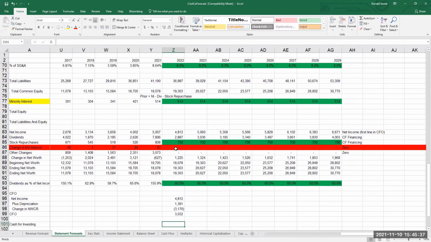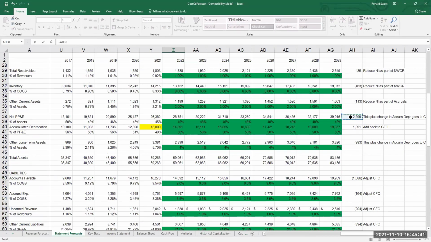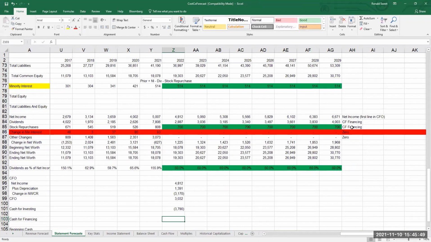Cash for investing, we'll do minus that, minus that. It looks like we did this one twice, but we didn't because we broke it out. So we're kind of just adjusting for it. And then for financing, we got minus dividends, minus stock repurchases.